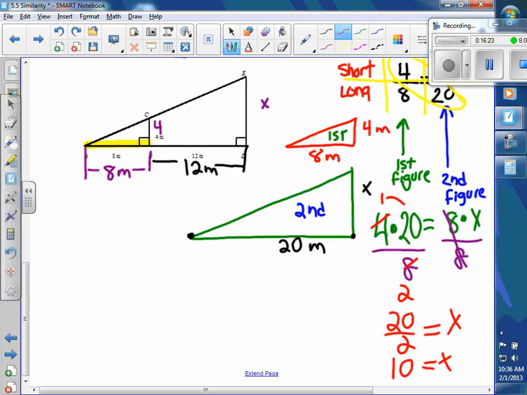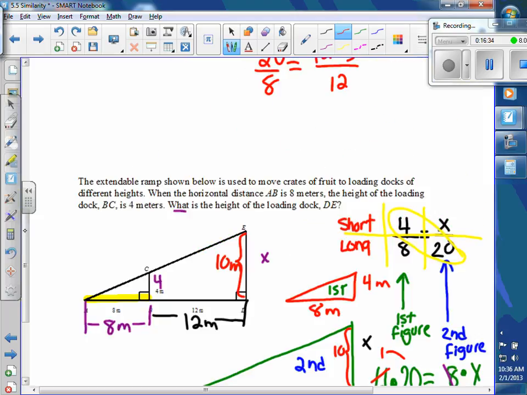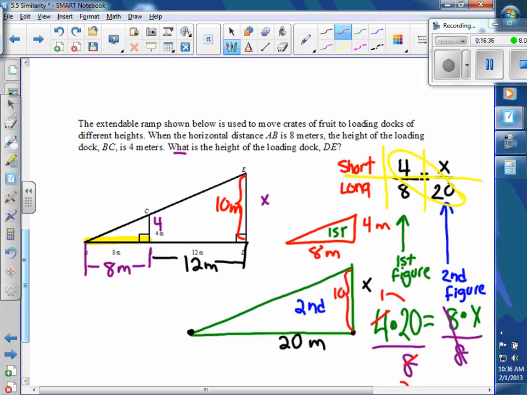So x, that's this distance here, is 10. The units are in meters. And the question is, what is the height of the loading dock? The dock would be like here. This would be like a ramp. You roll things up to get onto this dock. So the height of the loading dock is 10 meters.